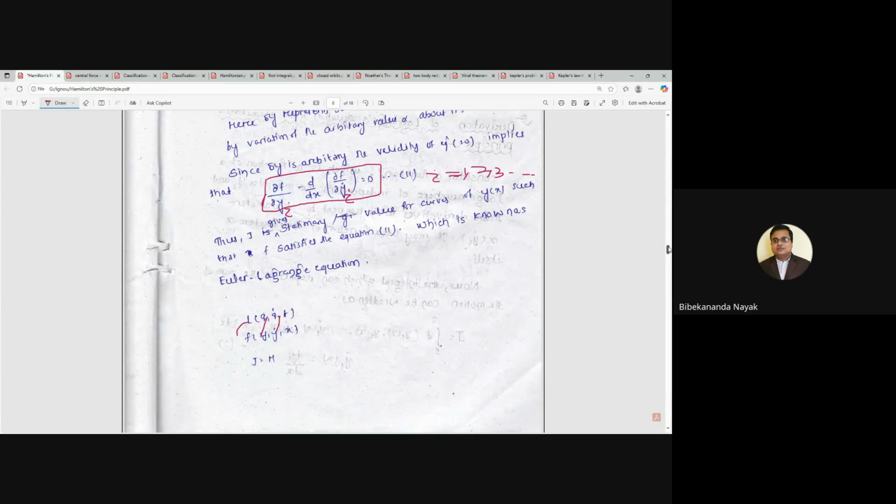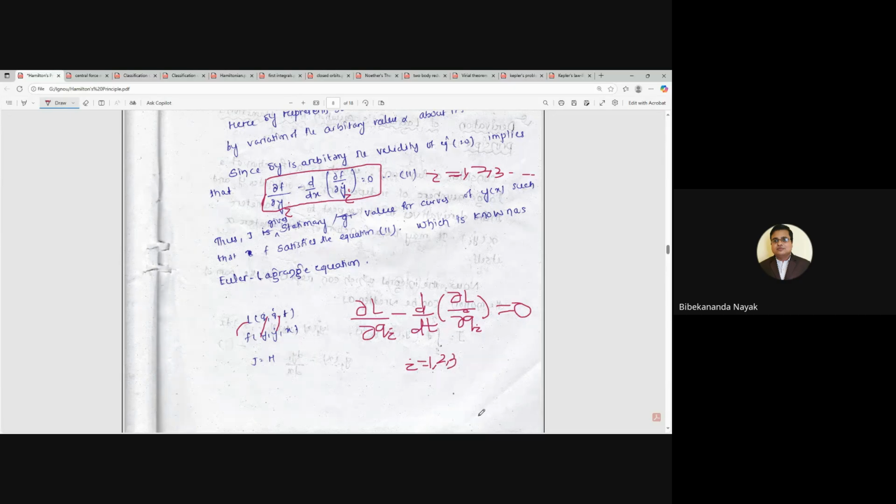If you substitute this, then my equation becomes del L by del qi minus d by dt of del L by del qi dot is equal to 0. This is nothing but your Lagrange's equation for i equal to 1, 2, 3.